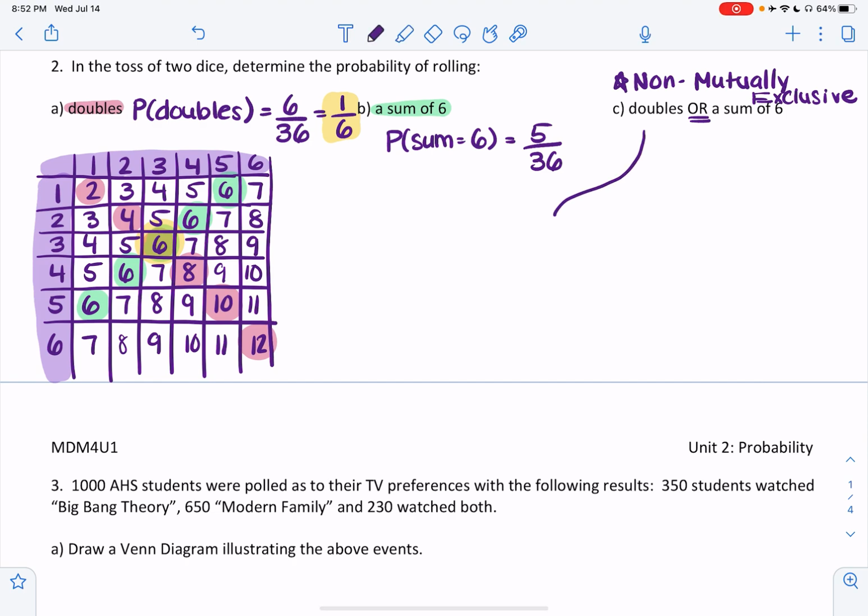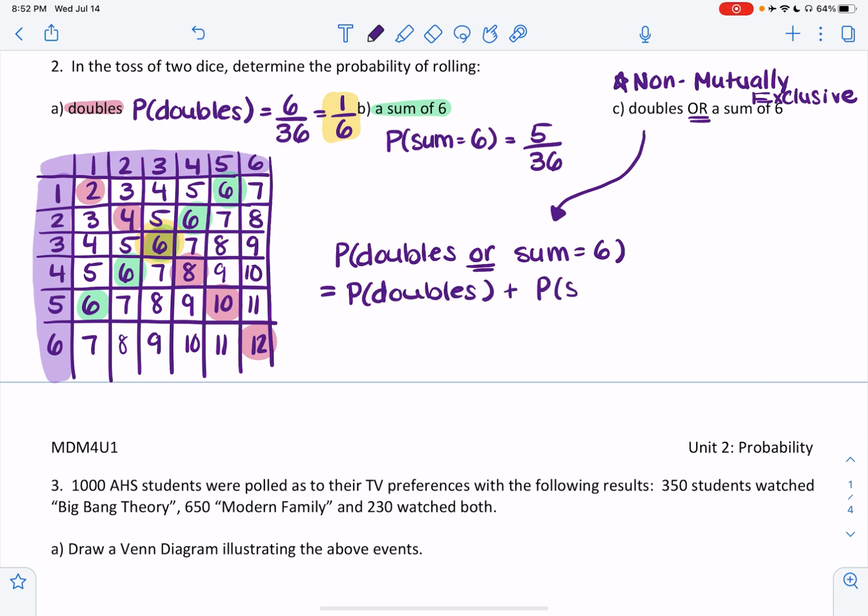So I'm just going to do the calculation down here, just so we have a little bit more room. So our probability of doubles or a sum of 6 will be equal to the probability of doubles plus my probability of a sum of 6 minus the probability of doubles and a sum of 6.